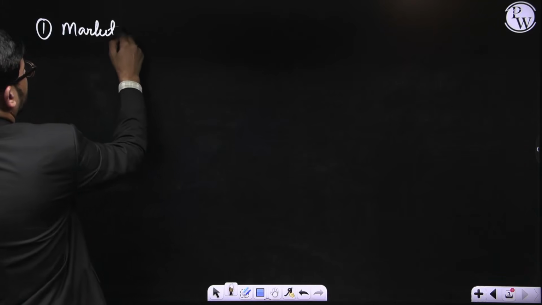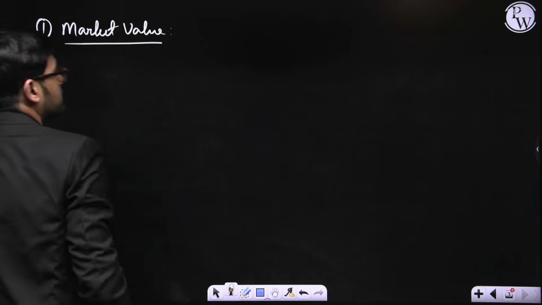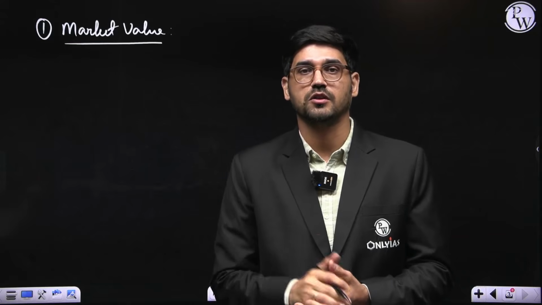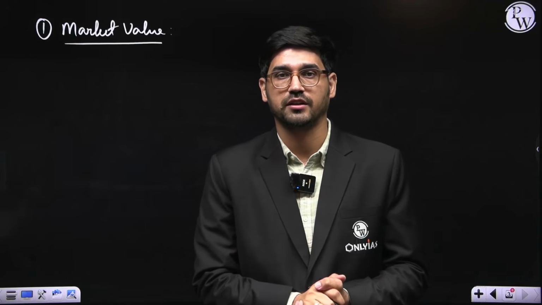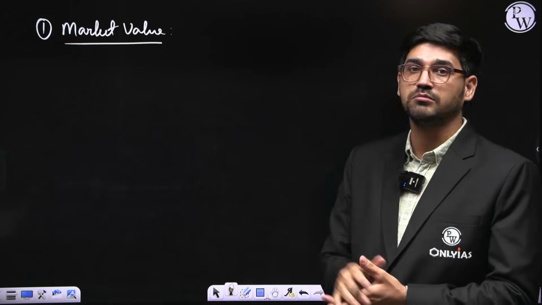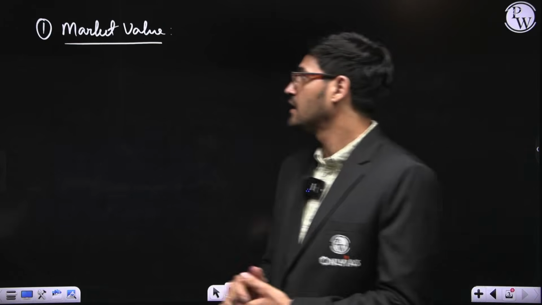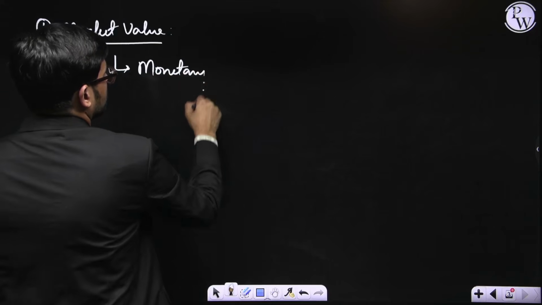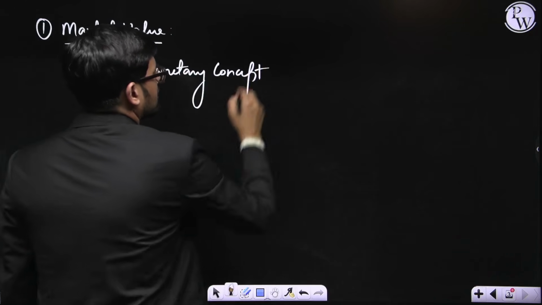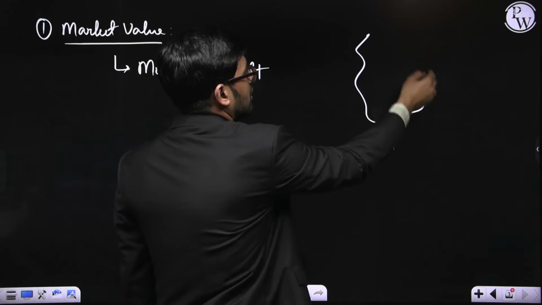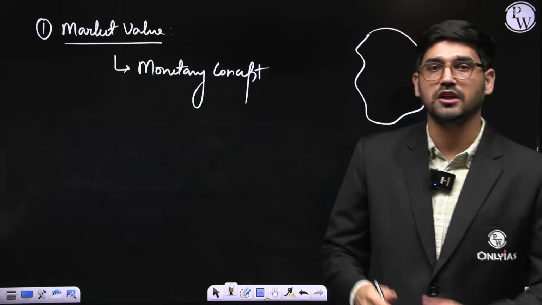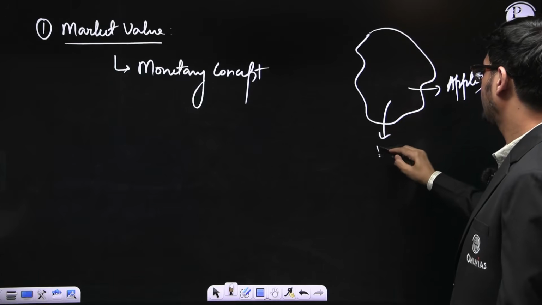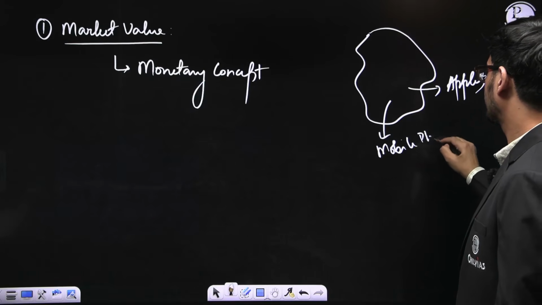When we speak of market value, what implication does it carry? Market value simply means the value or the price at which goods and services are being sold in the market. The implication that this term carries for the definition of GDP is that GDP is a monetary concept, which means consider a simple economy, and if in this economy the only things produced are, let's say, apples and mobile phones.